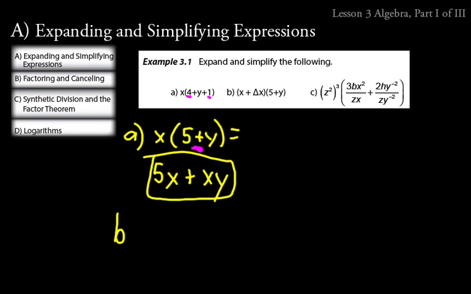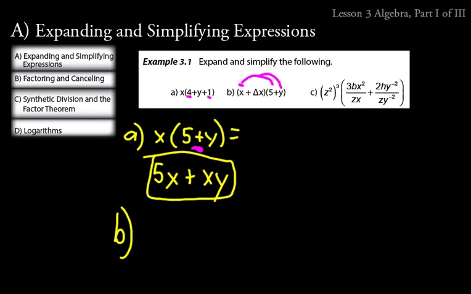Moving on to B. Now we have two binomials there, so what we'll do is we'll take this x right here and multiply it by the 5 and then by the y, and then we'll do the same with the delta x, multiply it by the 5 and then by the y. Look inside parentheses, there's no like terms that we can add and simplify inside parentheses first, so we'll just begin our expansion.